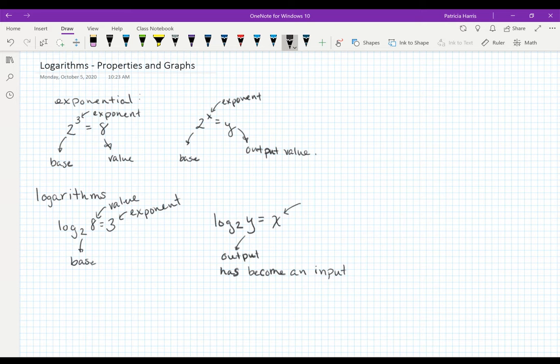And our x value, or our input or exponent, has become our output.